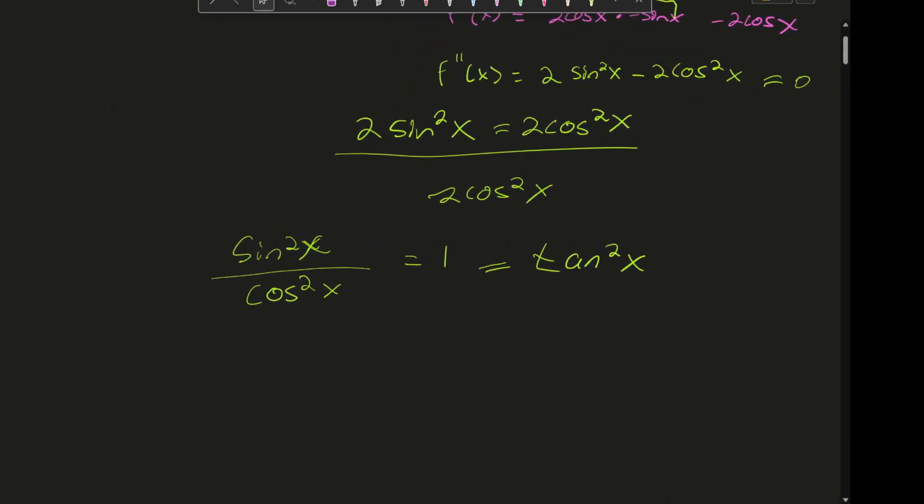You could see it without this, but I'll do it anyway. So square root of 1, plus or minus 1, equal to tangent x. So when is tangent x equal to plus or minus 1?